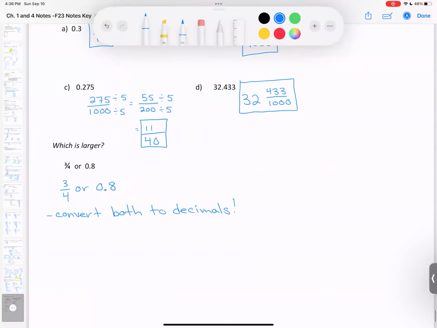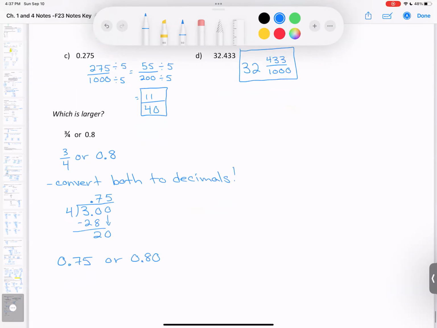So we want to convert the 3 over 4 into a decimal. So we're going to go 3 divided by 4. And what's that going to give us? 4 goes 7 times into 30, which leaves us with 2 left over, and then a 5. So we end up with 75 hundredths. Now for 0.8, we can add another 0 to make that 80 hundredths.